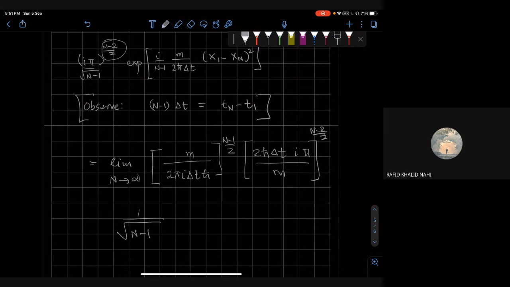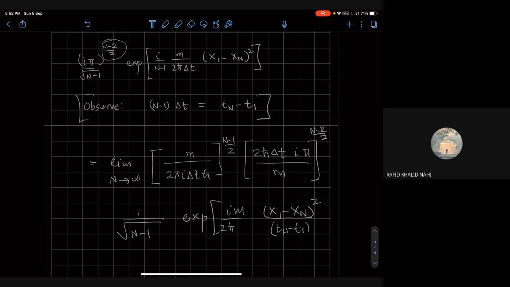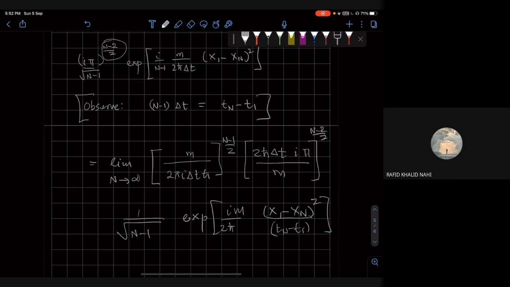So let's write the e to the power i m over 2h bar, sorry, not 2 pi, 2h bar, (tn minus t1), (x1 minus xn) squared. Let me move the nice factor over there, because that's how things are going to work out in the end.